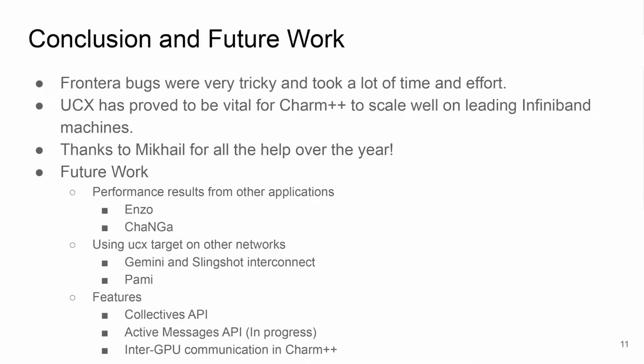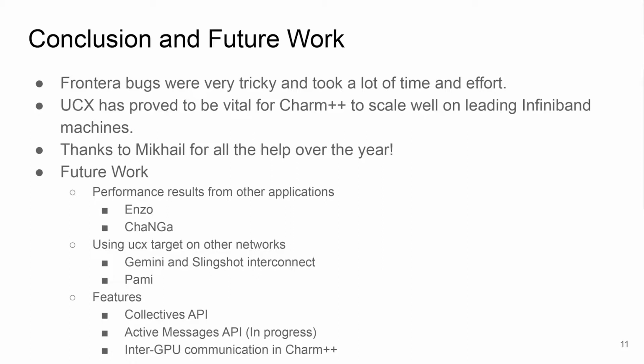I'm not sure if there are plans to support that network as well, and as well as other older GNI machines like Cori and other PAMI machines like Summit. So that's the plan for the upcoming months.